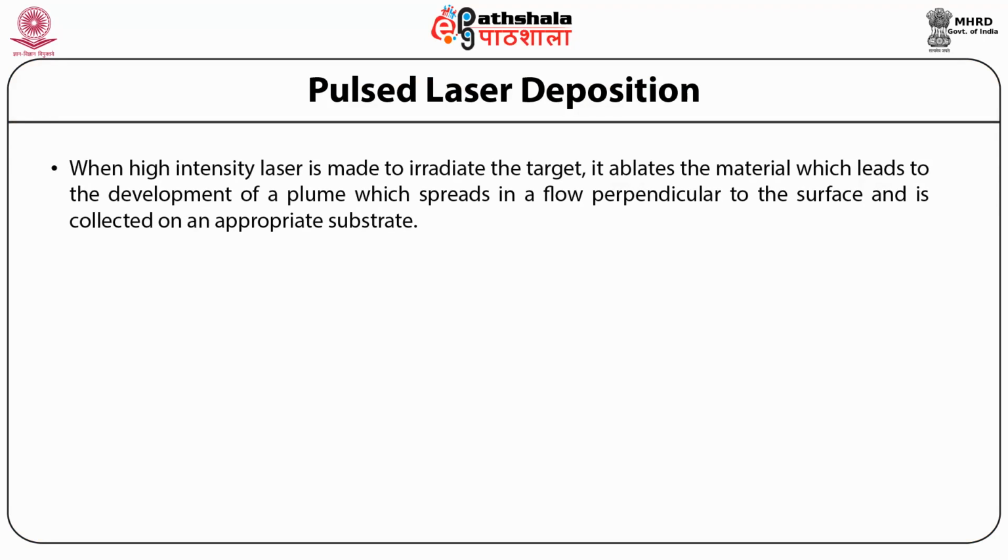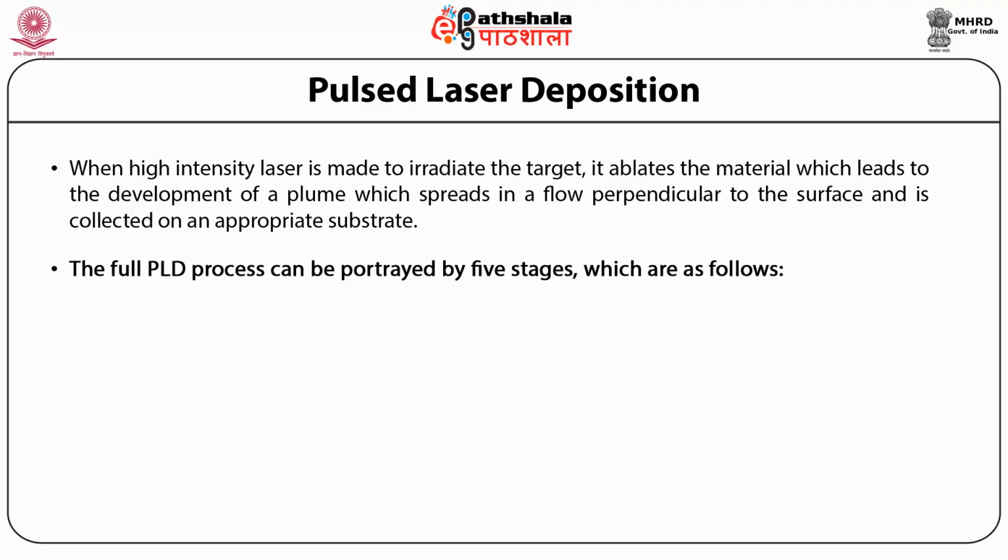An inert background gas such as argon can also be utilized for the deposition of thin films using PLD. When the high intensity laser irradiates the target, it ablates the material, which leads to the development of a plume, which spreads in a flow perpendicular to the surface and is collected on an appropriate substrate.